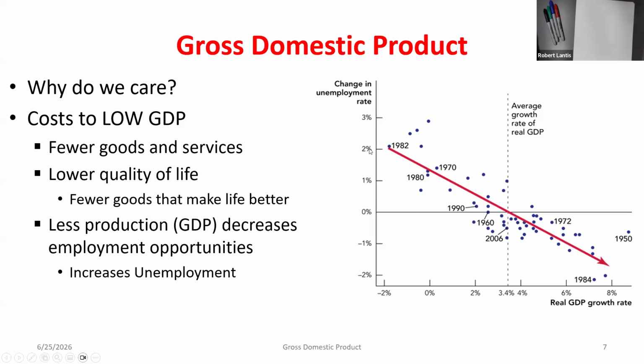The change in unemployment is positive, unemployment is going up. As we have higher real GDP growth rates, our output is getting larger, companies need more workers, and the change in the unemployment rate actually becomes negative. If the change in the unemployment rate is negative, that means fewer people are unemployed and more people are going to be employed. So these are just a couple of reasons why we want to see higher GDP, or higher output, from our economy.